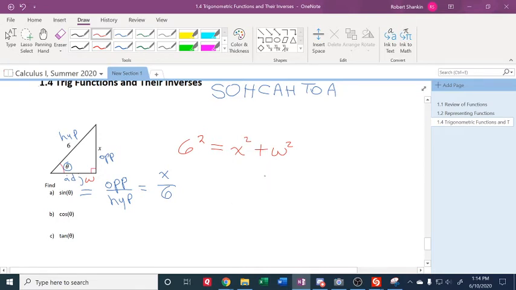And then we've got to find out what w squared is. So this will be 36 minus x squared is equal to w squared, or w equals, now normally you'd put plus or minus when you square root both sides, but in this case I just want the positive, so the square root of 36 minus x squared in parentheses, so that's going to be what w is.